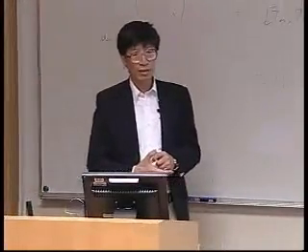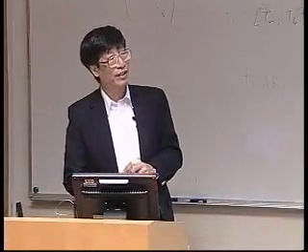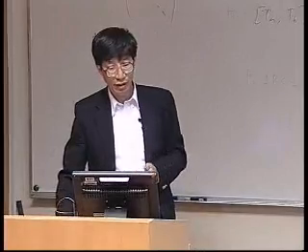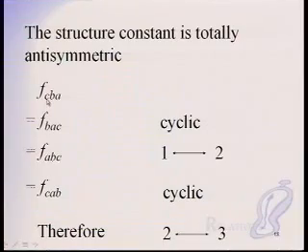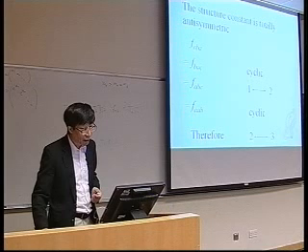Secondly, I claim that F is totally antisymmetric. And let me just prove one example. I want to prove in this case, for example, if I hold the first index fixed, that the second and third index... I goofed something. What did I goof? Let me see.